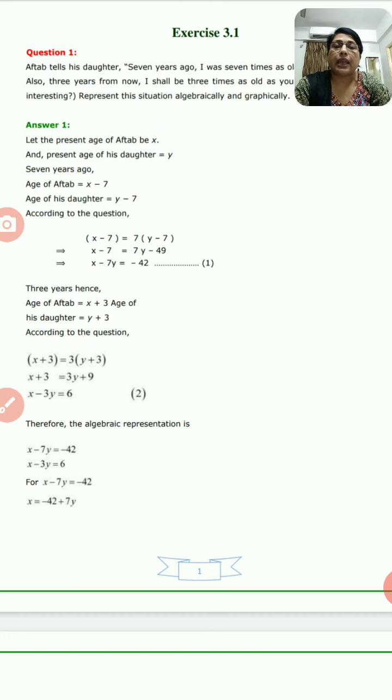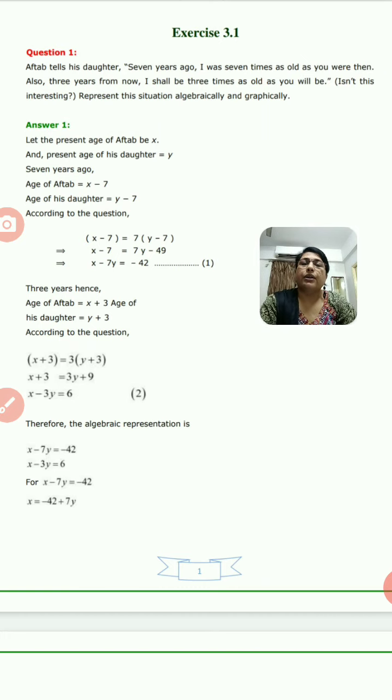Now let us see exercise 3.1. Here you can see the first question. If you want to solve these examples, you need to form two linear equations in two variables with the help of the given conditions.